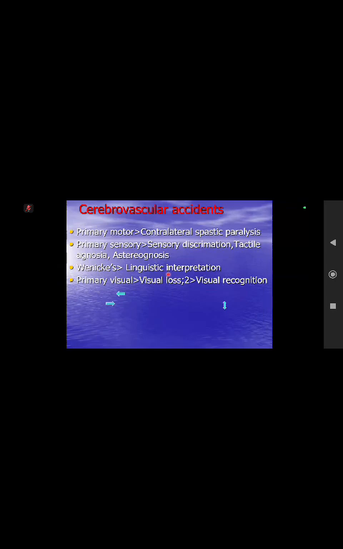You can see, but you cannot interpret what you see. And then the other areas, you remember the medial geniculate body and so on, auditory areas, respiratory areas, which you talked about. So all these are important in terms of being able to understand why certain functions of the brain are actually affected.